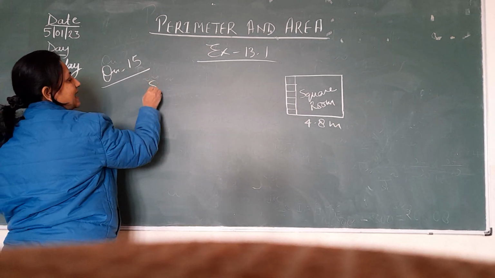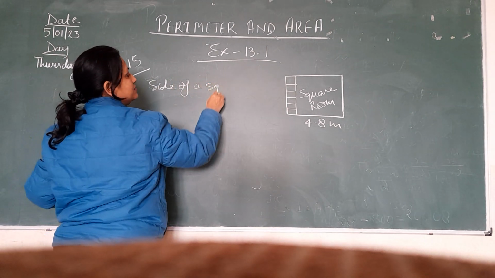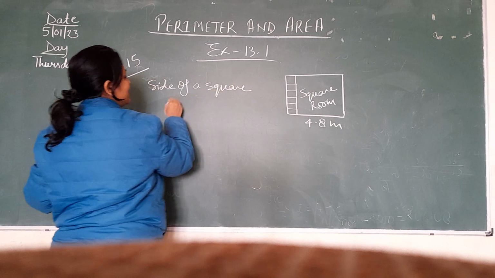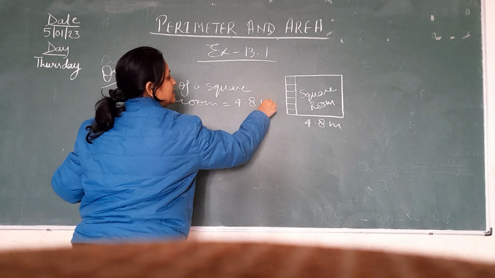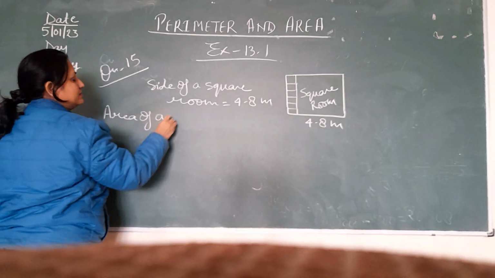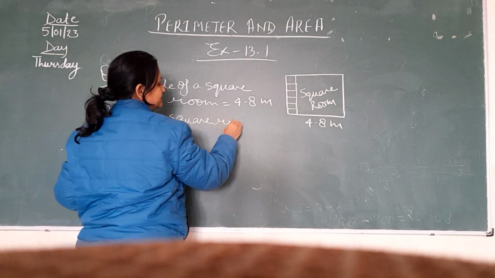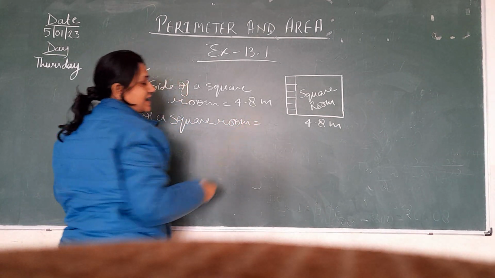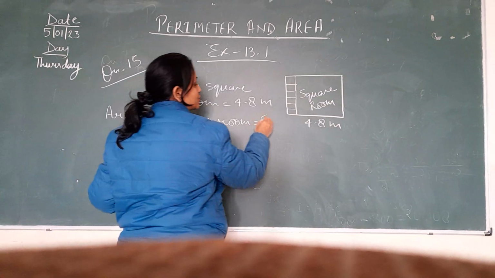So the side of a square room is given as 4.8 meter. Area of a square room, we have just discussed, is equal to side square.